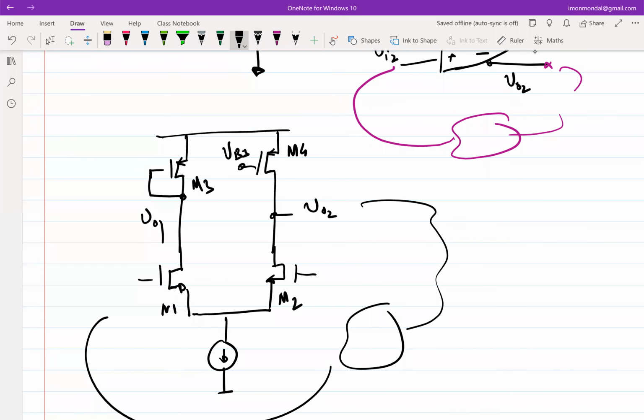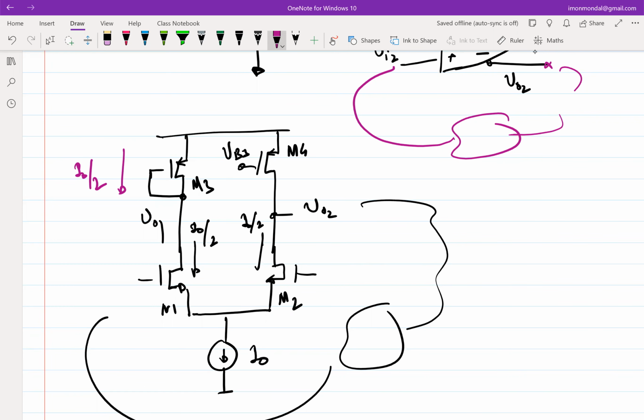Yeah, so essentially, what are we trying to achieve? When things are biased properly, both these branches are supposed to take I0 by 2. By simply diode connecting M3, I have achieved that, because this will also be I0 by 2. And what do I need from VB3?